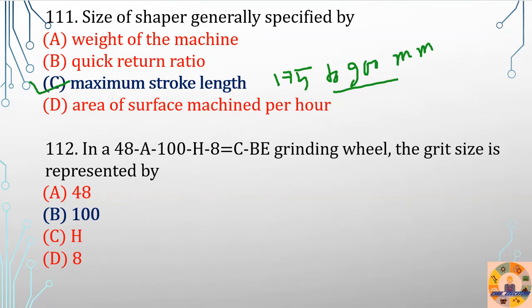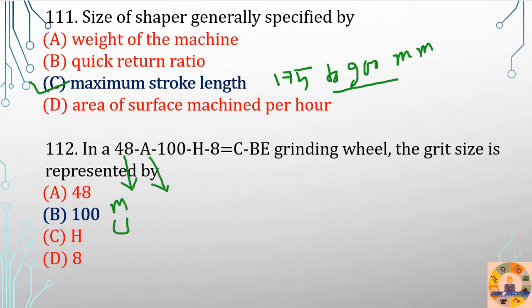This is a grinding wheel specification. We have to find the grit size. Here 48 is the manufacturer catalog.